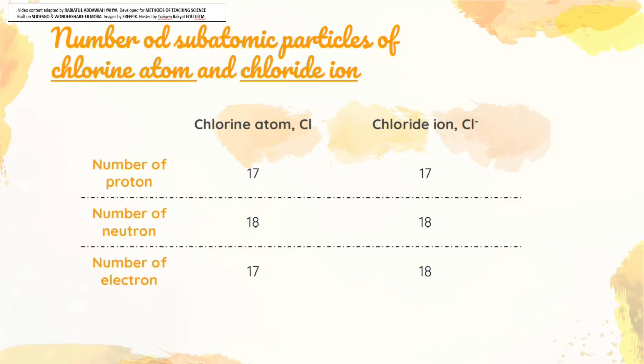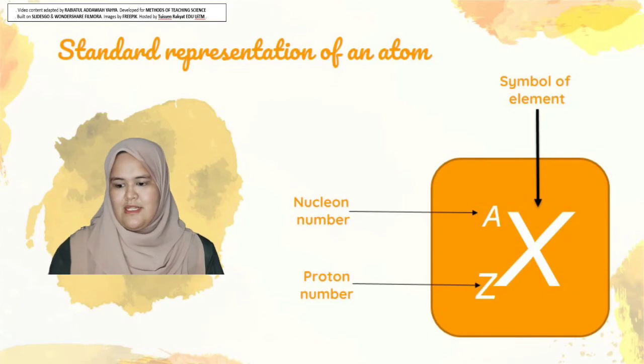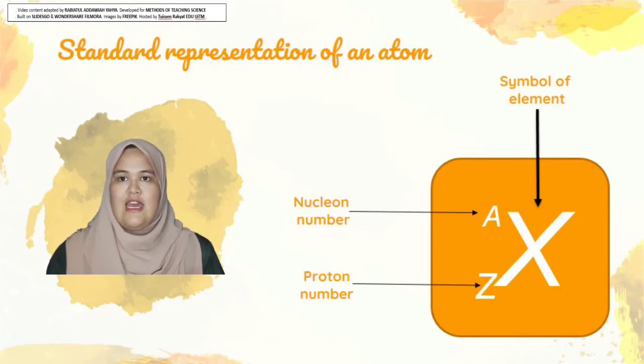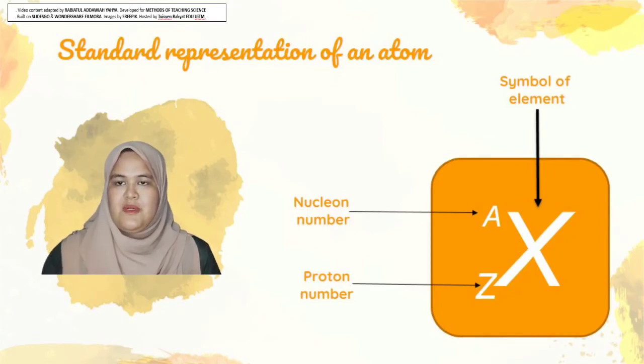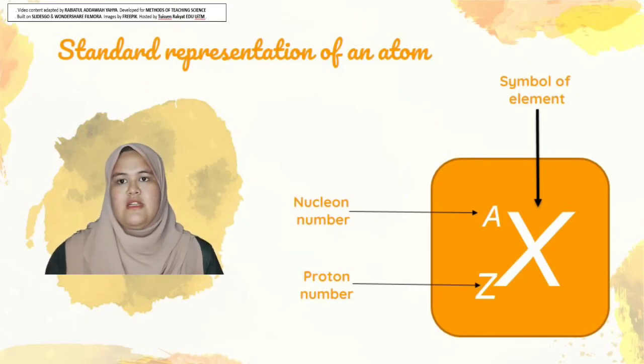The number of protons and neutrons in a chlorine atom and chloride ion are the same. Therefore, during the formation of an ion from an atom, the number of protons and neutrons in the nucleus remain the same. An atom can be represented using a standard representation as shown in the figure. The A represents the nucleon number, the Z represents the proton number, and the X is the symbol of the element.